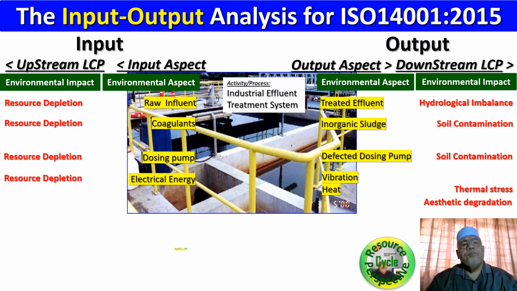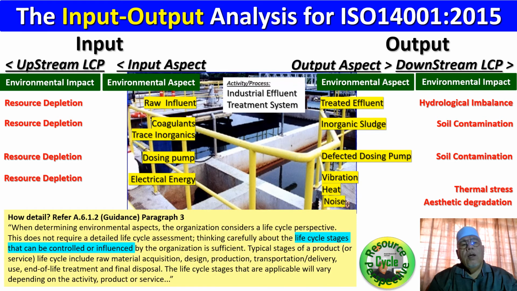What comes into this particular effluent treatment system is raw effluent. Is raw effluent an environmental aspect? Yes, of course it is. Everybody says that. Why? Since it is an input environmental aspect, we have to look at the upstream of its life cycle and determine what would be the associated environmental impact.